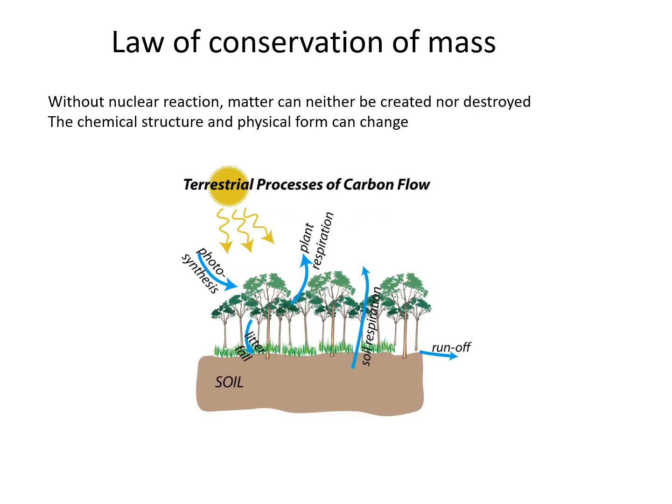The law that enables us to track carbon dynamics is the conservation of mass. Without nuclear reactions, matter can neither be created nor destroyed, but the chemical structure and physical form can change. Most carbon in the atmosphere is in the form of carbon dioxide.